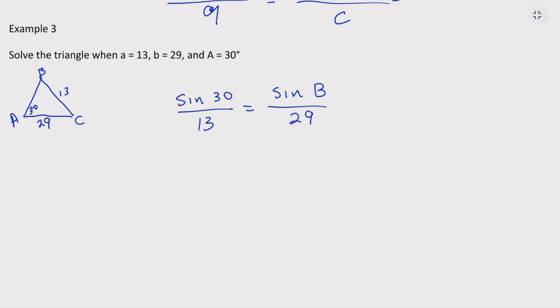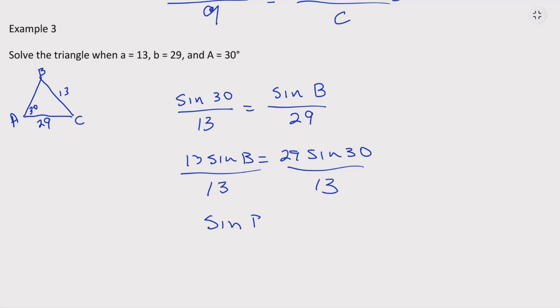And so I get 13 sine of B equals 29 sine of 30. So sine of B, and if you enter that in your calculator, you're going to get a domain error. That tells us that a triangle doesn't exist. So we just say there is no triangle.